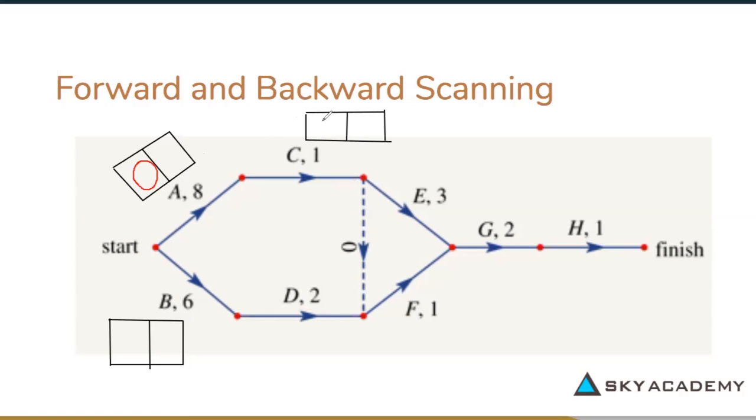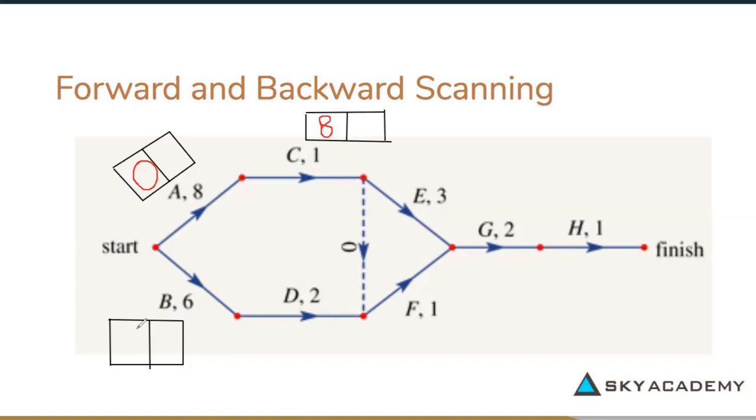And so in our earliest start time, you would put 8, because the earliest time C can start is after A has finished, and A has a duration of 8. So C can start after 8 minutes or hours or however long.